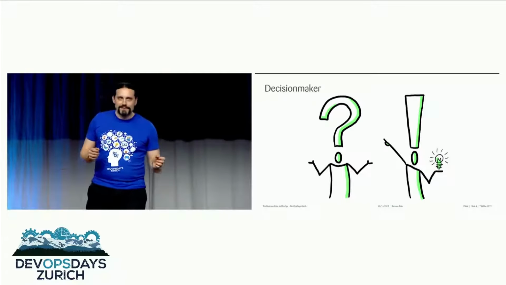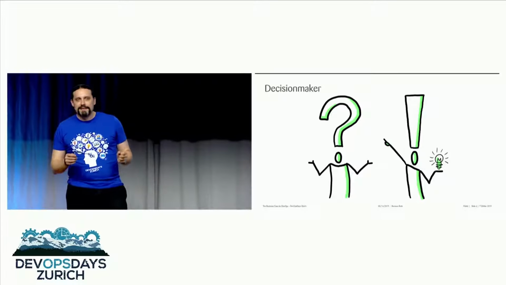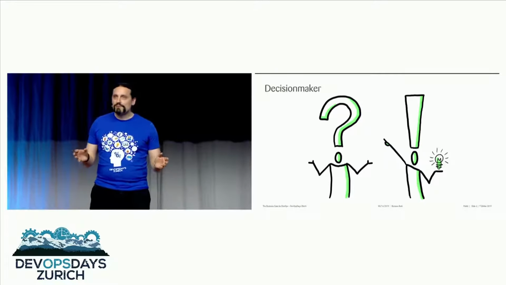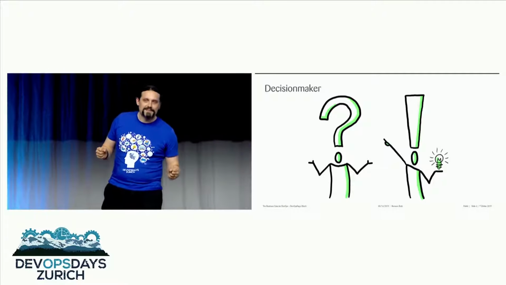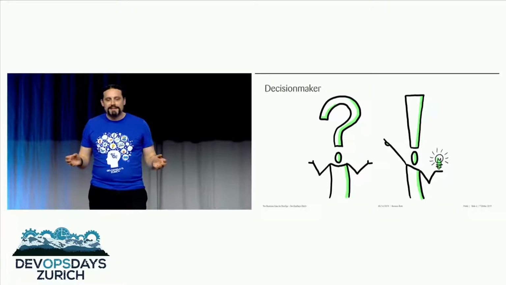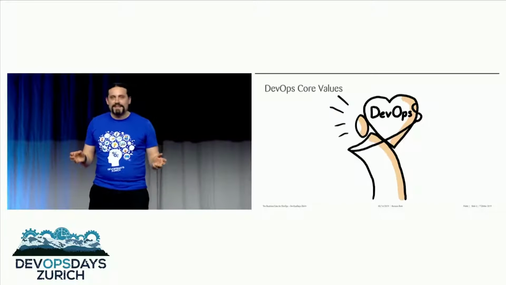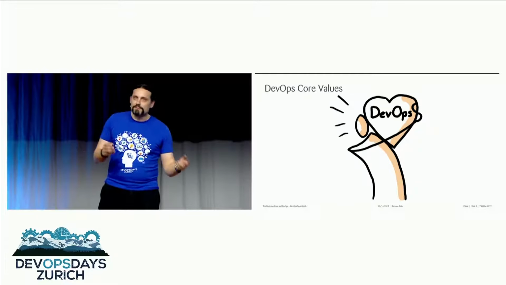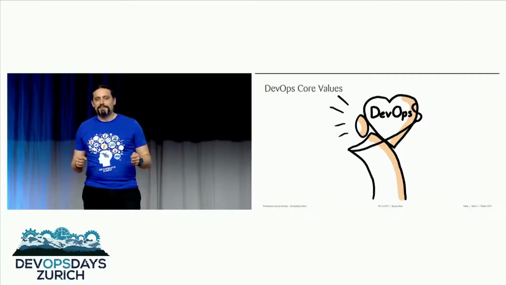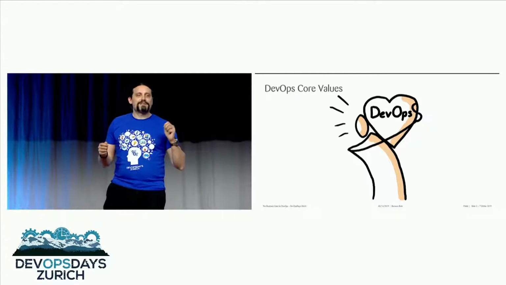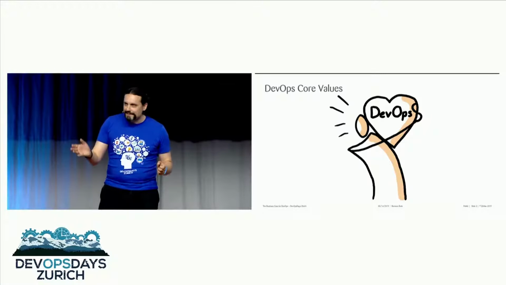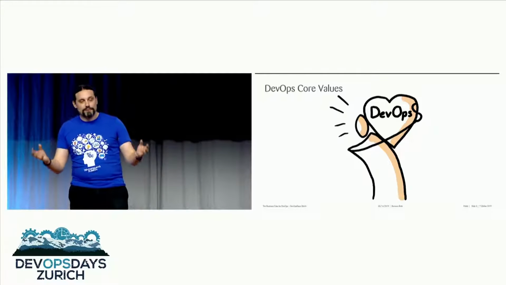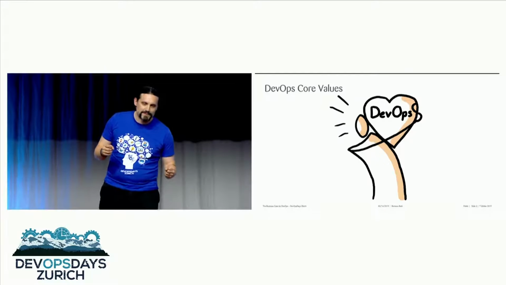Today's decision makers, the CIO or the managers, want to do DevOps. And all of you want to do DevOps as well. But unfortunately, the decision makers don't know what DevOps is. So you will go to them and talk about trust, accountability, and data-driven decision-making, the core values of DevOps.